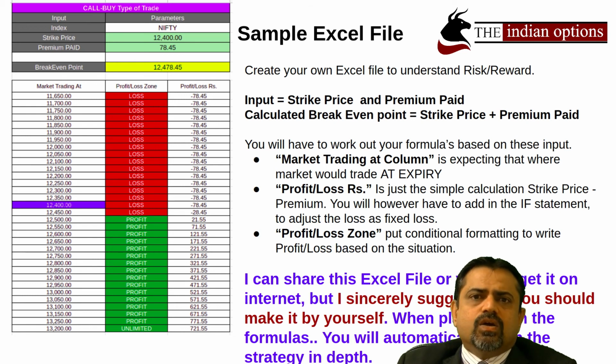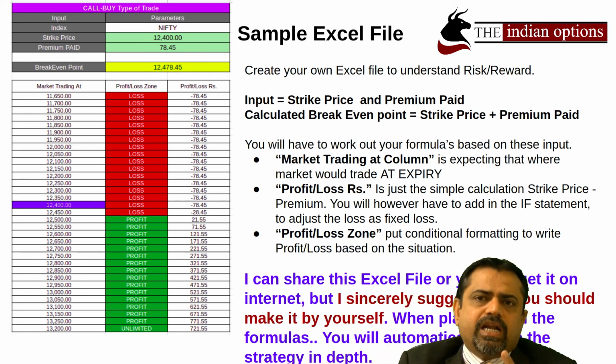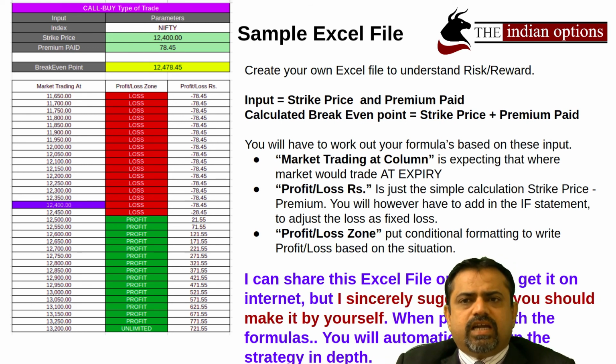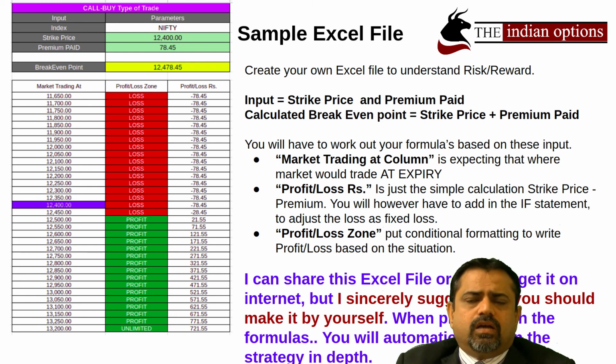The reason is that once you make this file, when you are struggling with the Excel formulas, you are going to get this strategy printed in your brain, and you'll have a very clear idea about this strategy, and it is going to help you in the long run. So I really suggest that you make this file by yourself, so that it will increase your knowledge regarding this strategy.